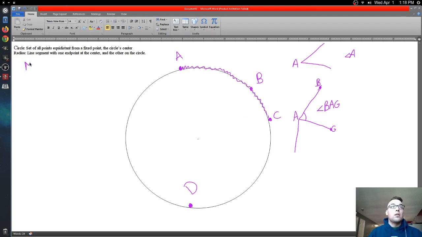Again, I could say minor arc AC, or the other way we would do it is we would say, well, it's an arc, and it's going from A to C, but it passes through B on its way to get there.